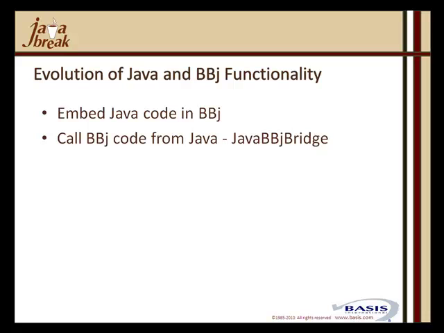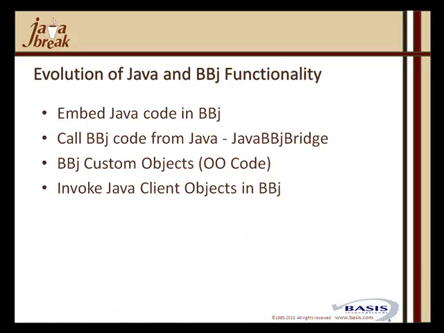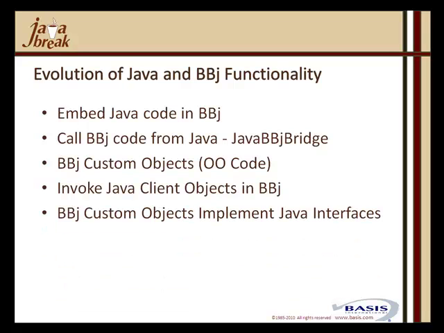So your business logic, your business processes could be exposed from third-party Java code. In 2006, we delivered BBj custom objects to the language, object-oriented code structures. We gave you the ability to invoke Java client-side objects from within Business Basic, within BBj. And more recently, we've given you the ability to implement Java interfaces.